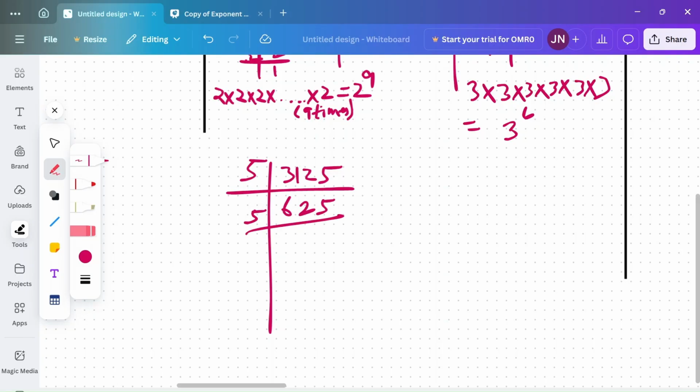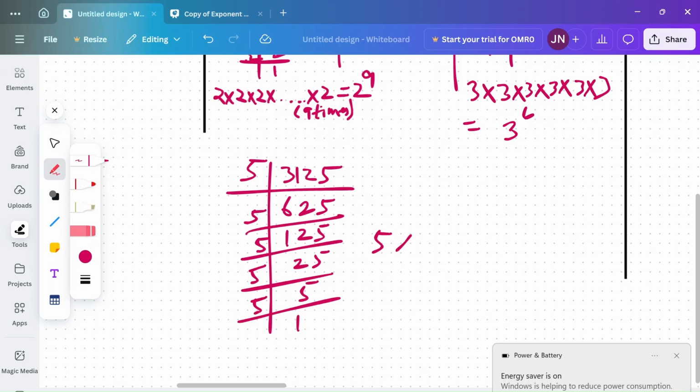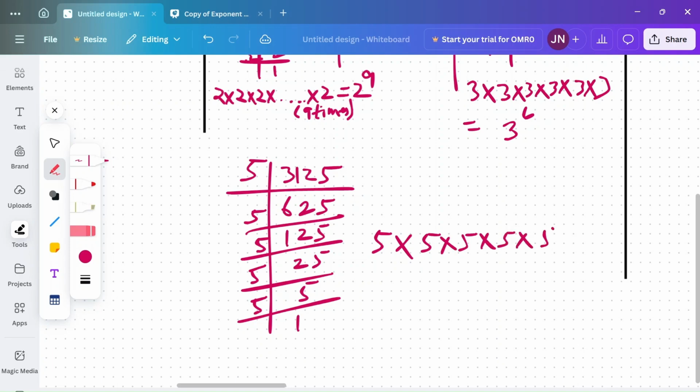Now again, now this you can write as 5, 5 times. Alright, so this is the answer.